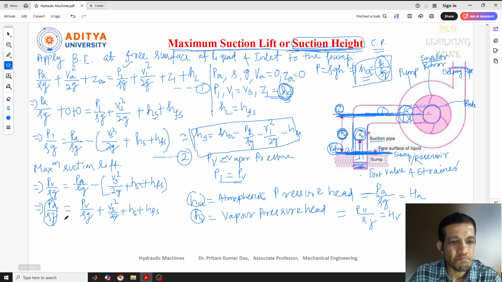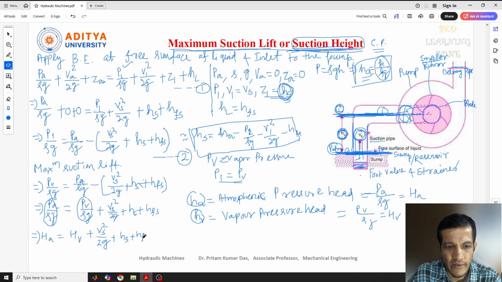So here I'll put in the values of these terms. Let me consider the capital HA. This is HA, and it equals HV plus Vs square by 2G plus Hs plus HFS. What is our requirement?